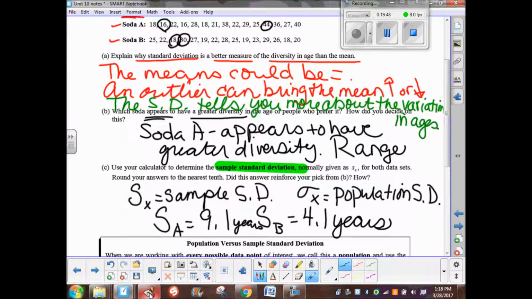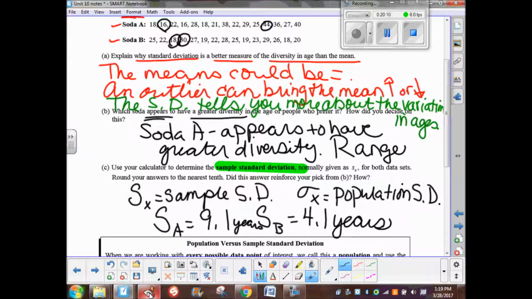So we did that, we rounded. Did your answer reinforce your pick from B, and how? Just by looking at it, by using range, we said soda A appears to have greater diversity because the range is bigger. Does soda A have the larger standard deviation? Yes.